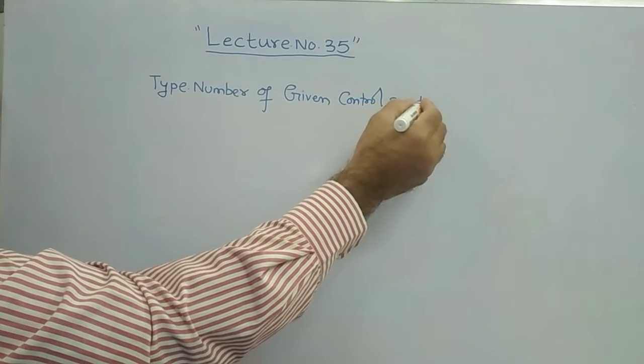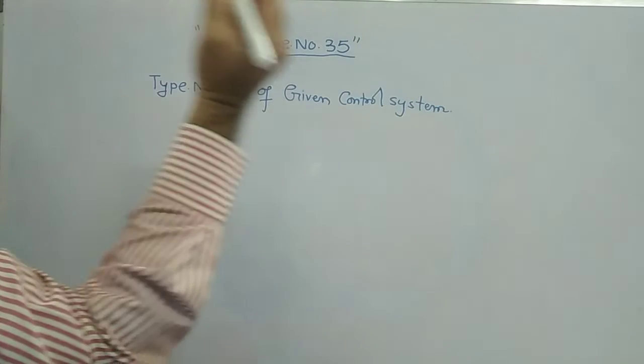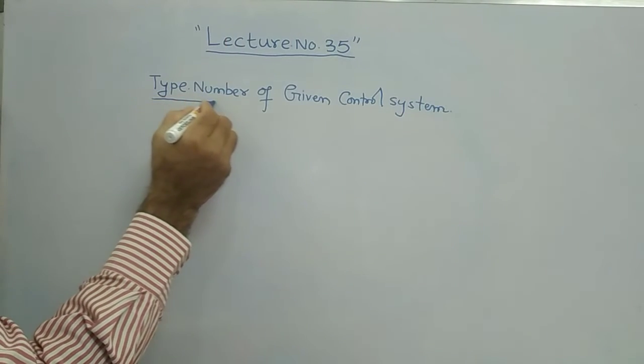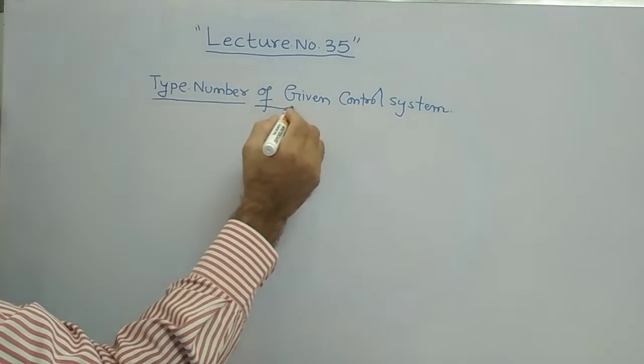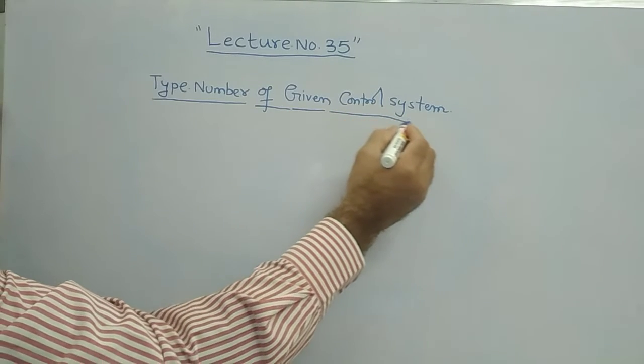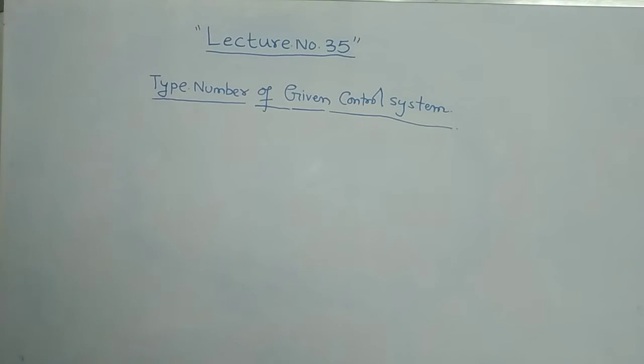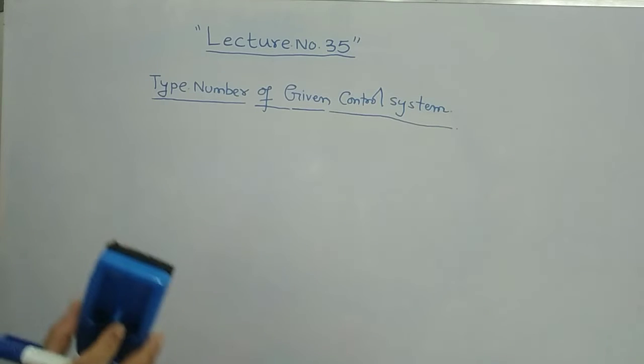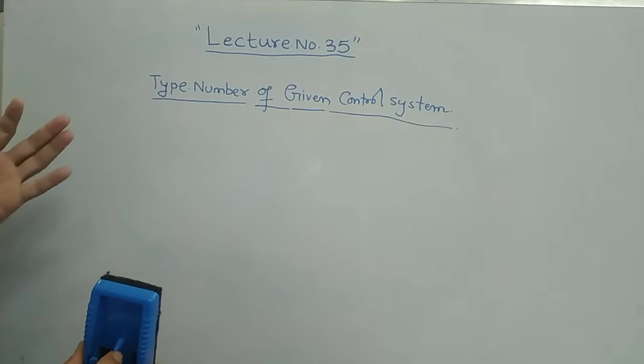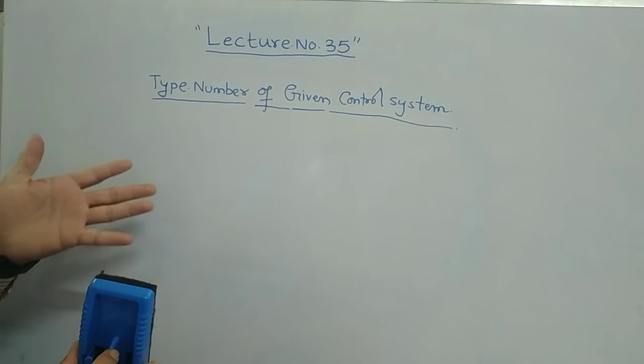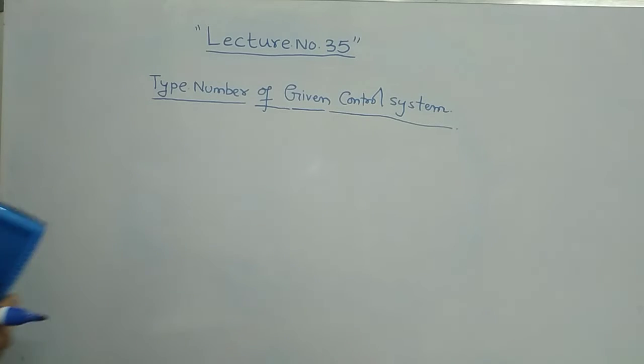Sometimes in your GATE examinations, even UPSC's IES examination, you will be asked what is the order of the system as well as what is the type number of a given system. These are the two important bits, basically order of a system and type number of a system.